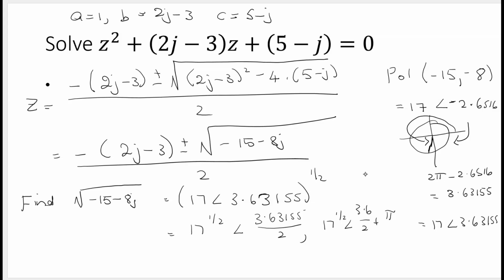So the first one becomes negative 1 plus j4, and the other one becomes 1 minus j4, which you can see is the opposite, but we have to work it out. Then we put those back in as a replacement for the square root sign above. And then we work it out.